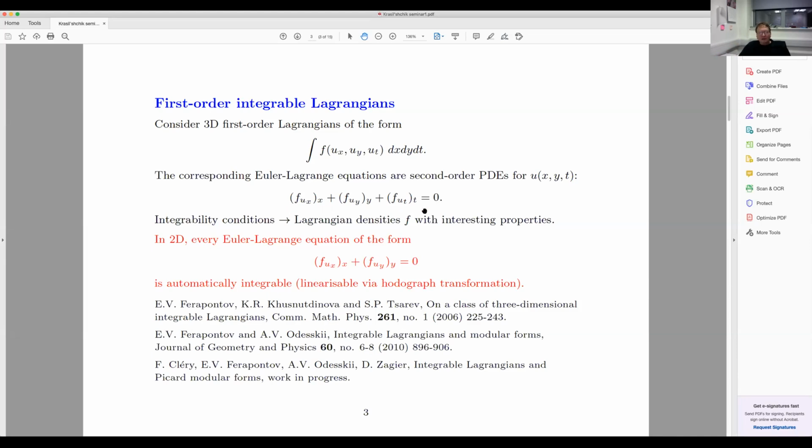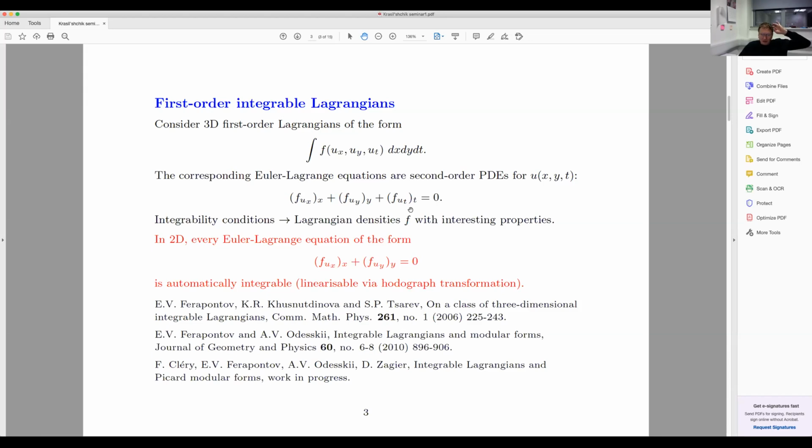We classified integrable Lagrangians of this form. We derived integrability conditions, which form a system of PDEs for this Lagrangian density F. Zhenya, I'm sorry again, just a couple of words about the meaning of integrability.